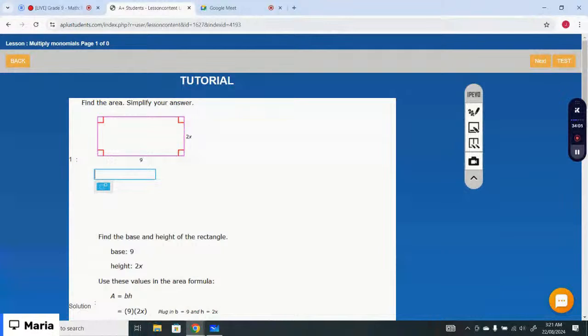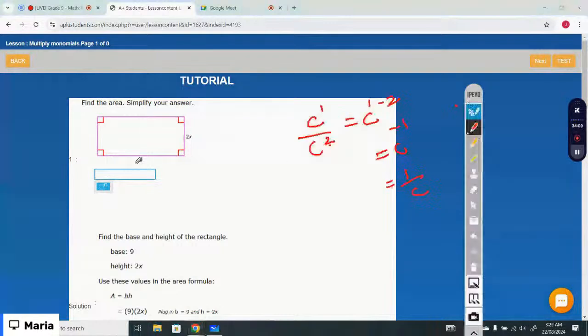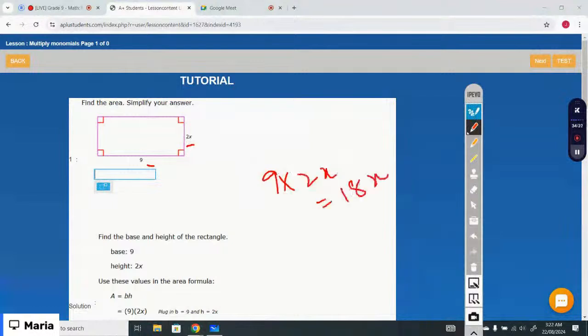So the area of the rectangle is length times width. You are given the length, that is 9, and the width, that is 2x. You have to do 9 times 2x. So 9 times 2x is 18x. So that means the area of this rectangular shape is 18x.